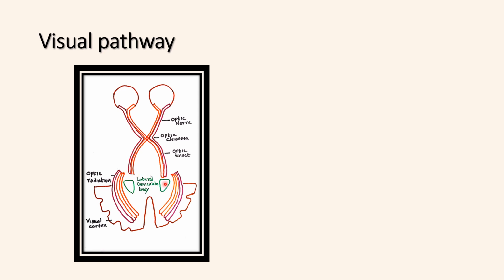The sensory visual relay center is the lateral geniculate body. From the lateral geniculate body, the visual pathway travels through the geniculocalcarine tract, that is the optic radiation, to the visual cortex.